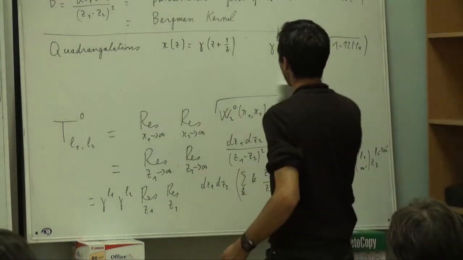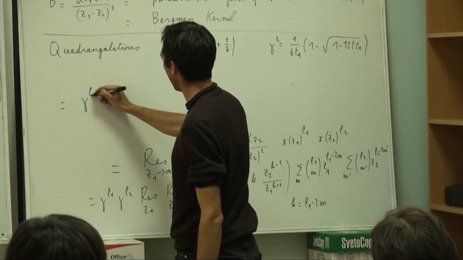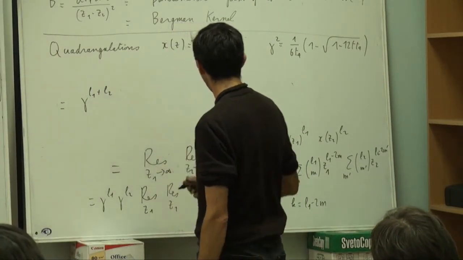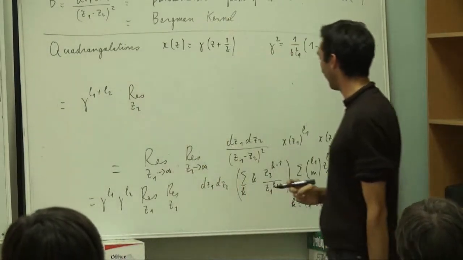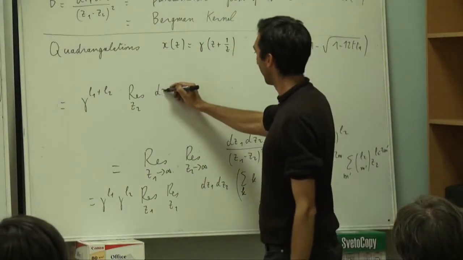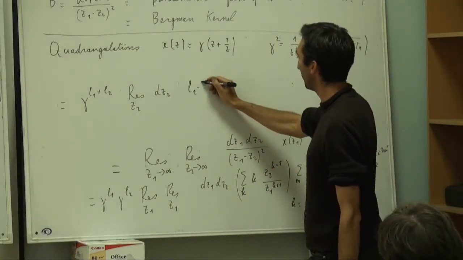So this is equal to gamma^(L1+L2). We have already done the residue in z1, and so we are left with the residue in z2, with k equals L1 minus 2m.